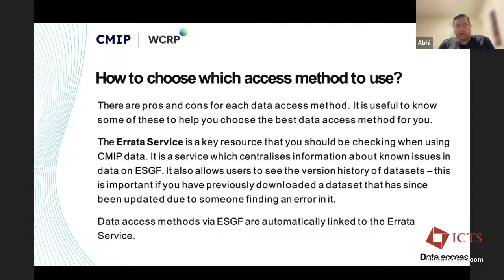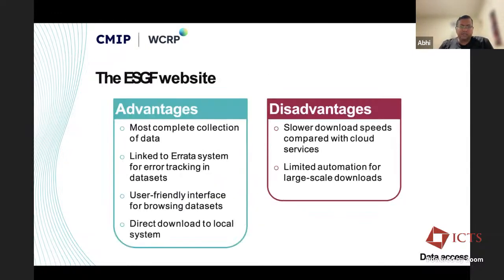So if, for example, we go to the ESGF website and look at a dataset, usually if there are some erroneous issues in the data, then in the metadata you will have some information about what the errors are, or what dataset could be discarded.